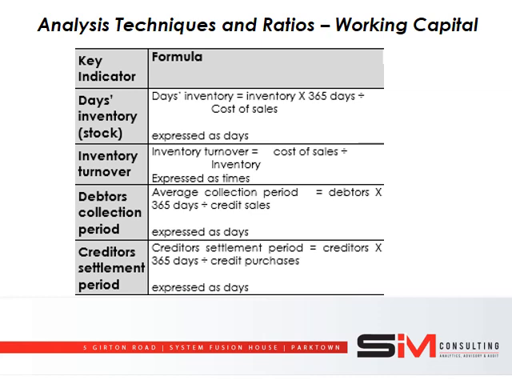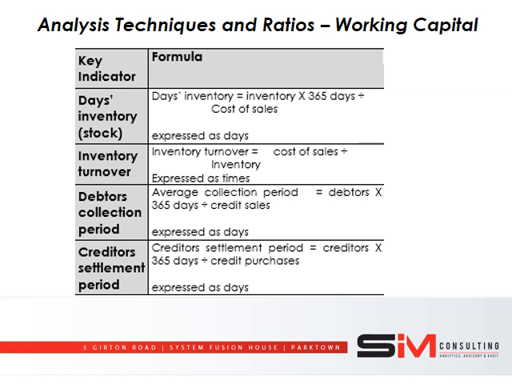1. The formula for days inventory or stock is made up of the following. It's inventory or stock divided by cost of sales multiplied by 365 days. That should be expressed as days. Meaning, the higher the number of days that your stock is on hold, the not so good news is for your business.